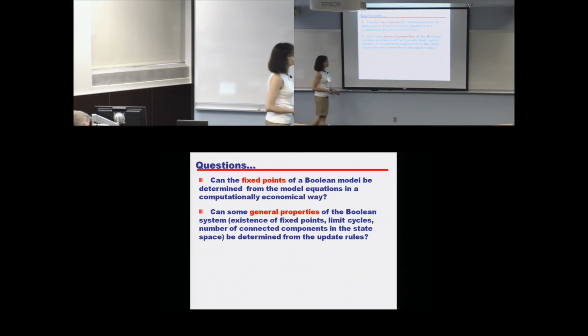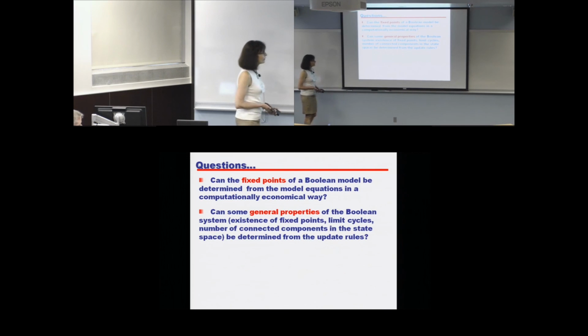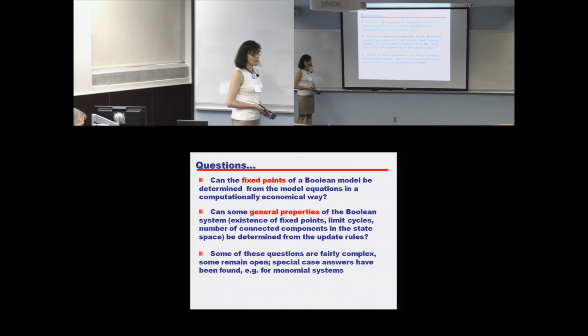Can we determine the fixed points of a Boolean model from the equations? And the answer is yes. And we will show in the next 5 minutes how. Can we determine the general properties of the Boolean system? And by general properties, I mean questions of this nature. Some of these questions are fairly complex. And David here is our resident expert, and he may know the latest state of where those stand.